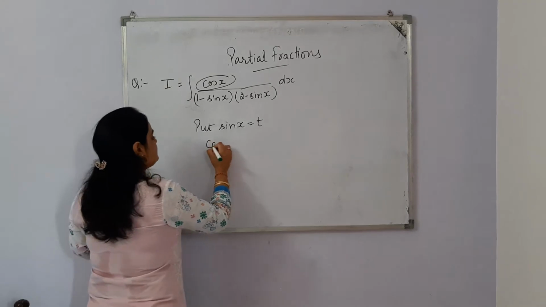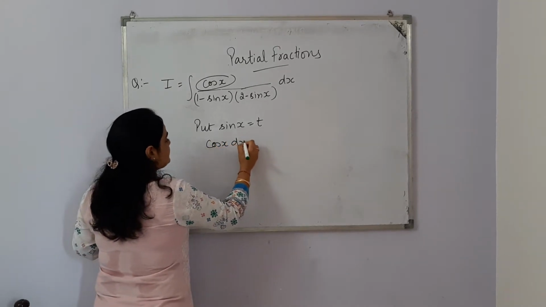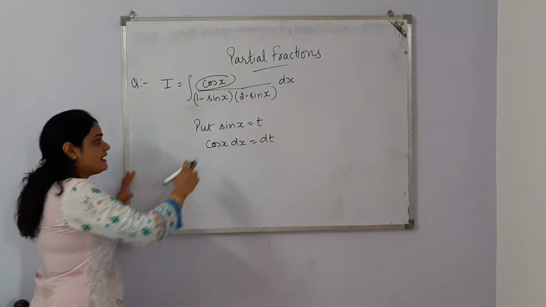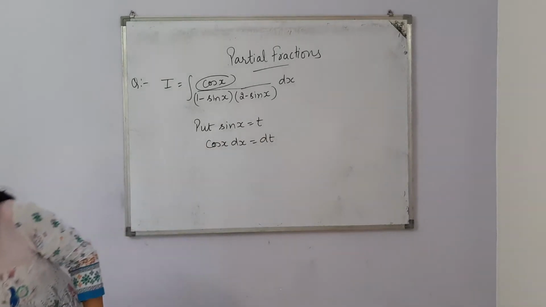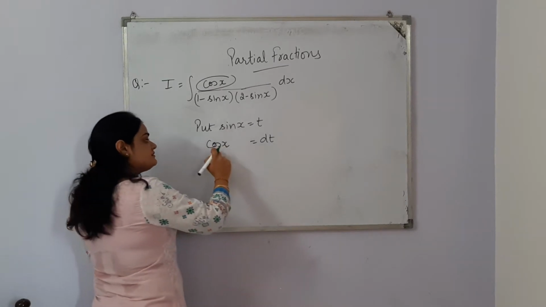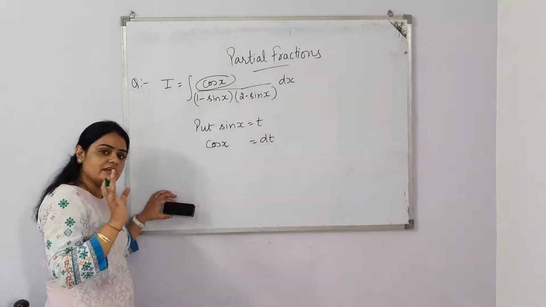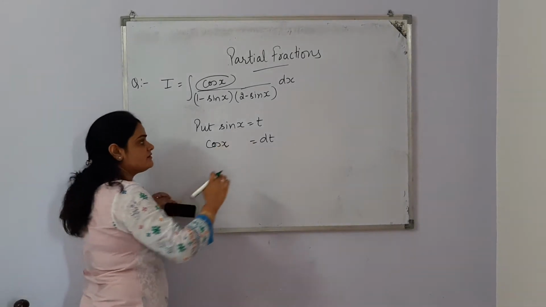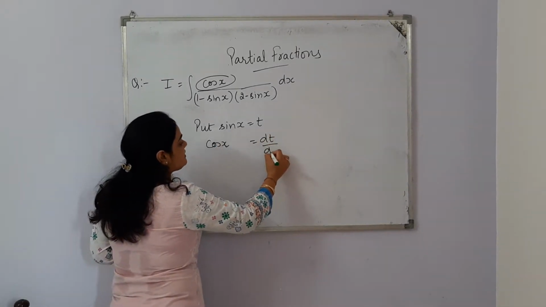Of course its derivative is cos x dx is equal to dt. Sin x's derivative is cos x and t's derivative is dt by dx.